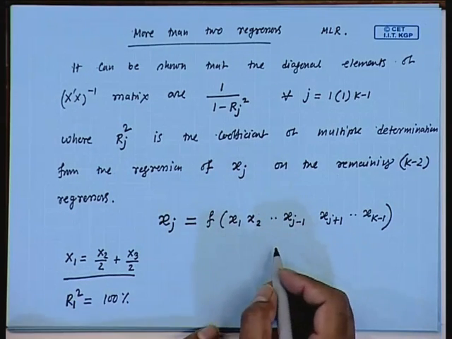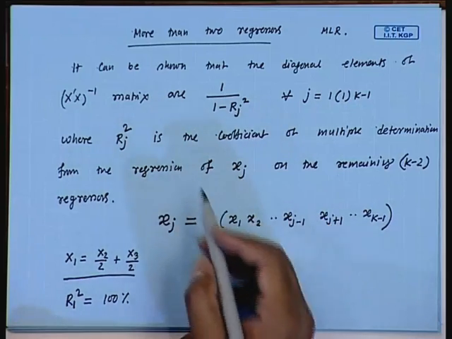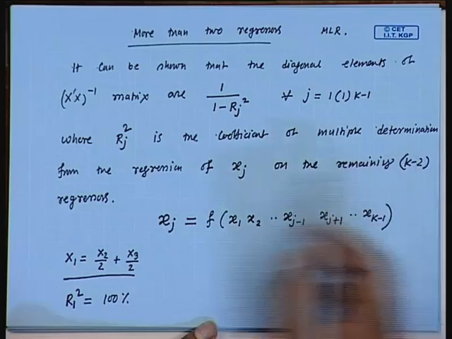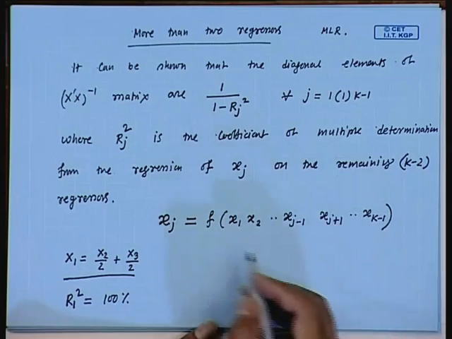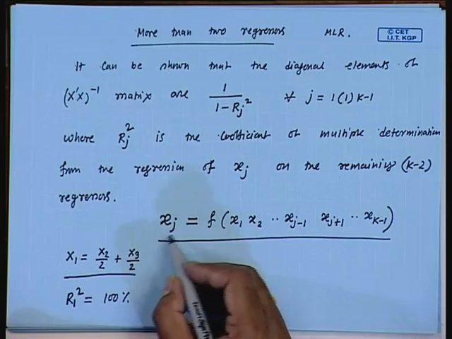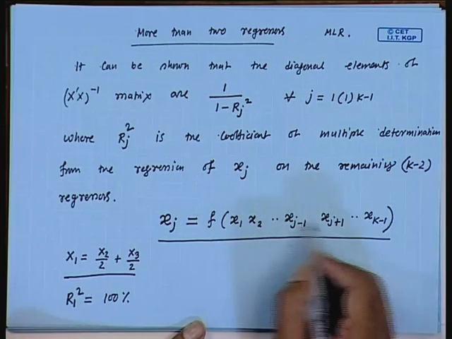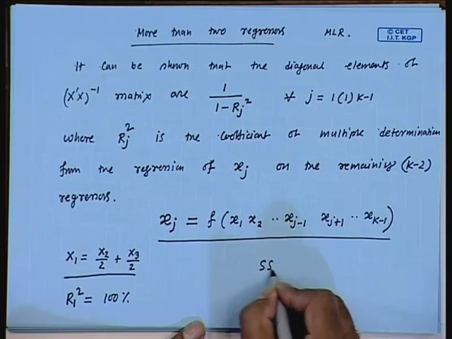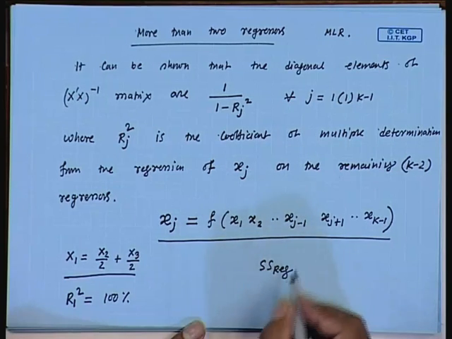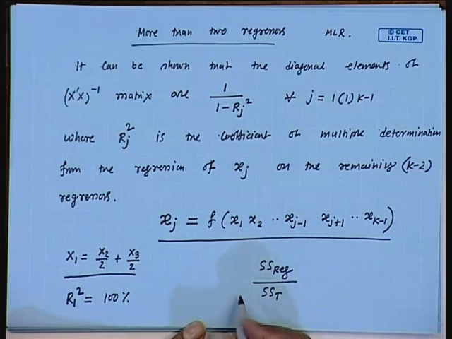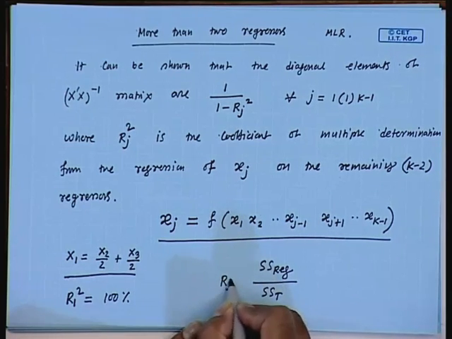So now I hope you understood what Rj square is. Rj square is the coefficient of multiple determination for this regression model. So you fit the model, you express xj in terms of the remaining regressors, and then you compute SS regression for this model, you compute SS total, and you will get Rj square.